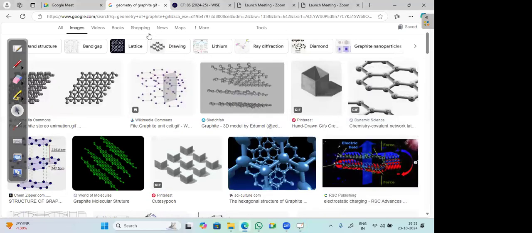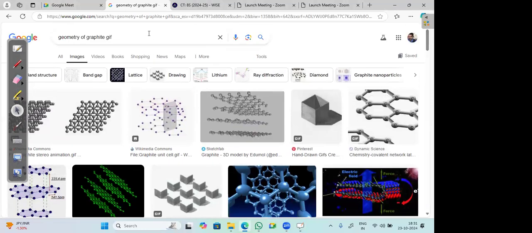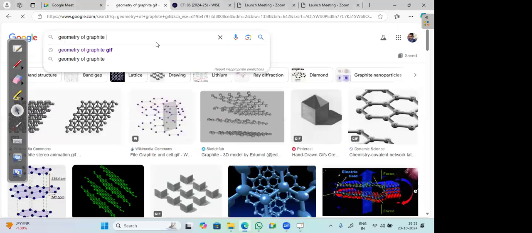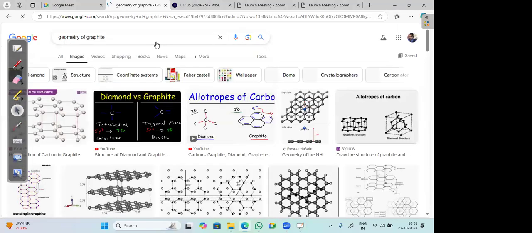I want the real image of it. For graphite. So you can see hexagonal plates here.